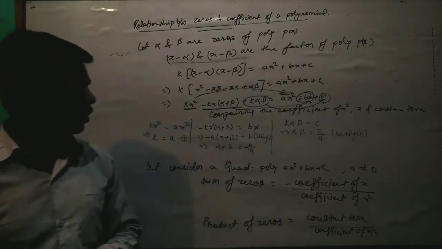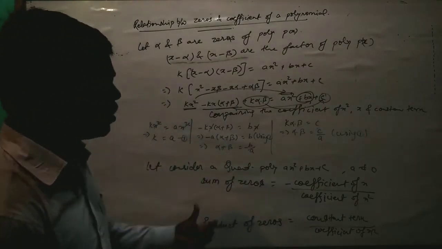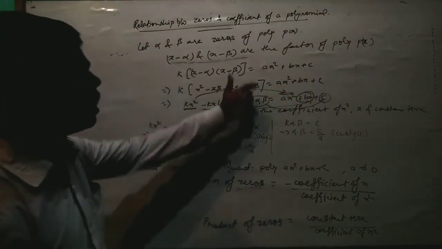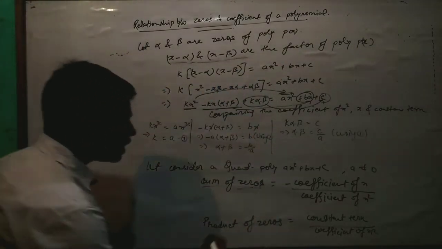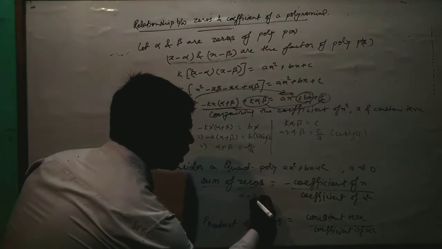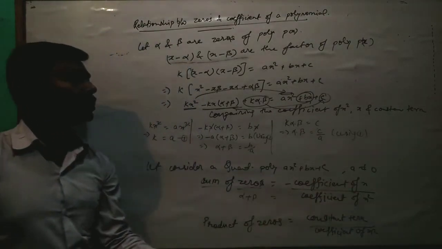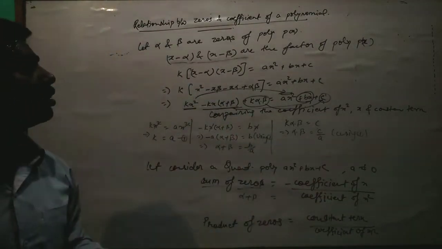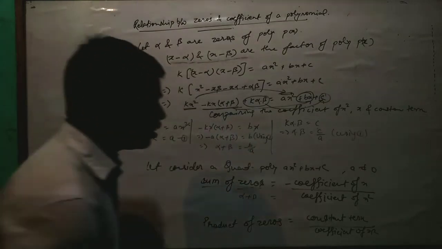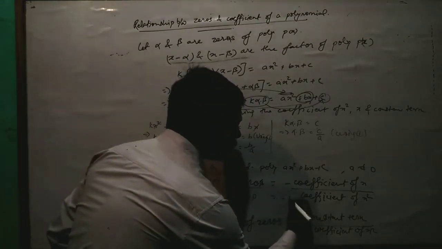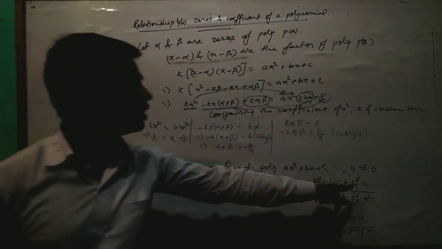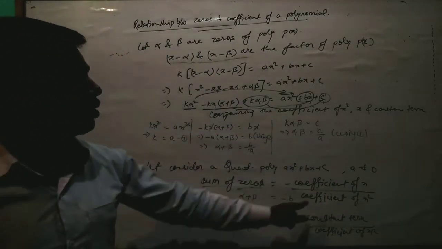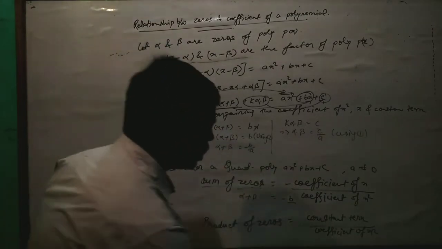These are the terms. Then we can say that for the sum of zeros, we assume that alpha and beta are the zeros of the polynomial. Then alpha plus beta is equal to minus coefficient of x by coefficient of x square, where the coefficient of x is b and the coefficient of x square is a.